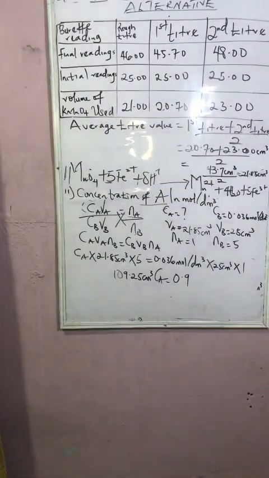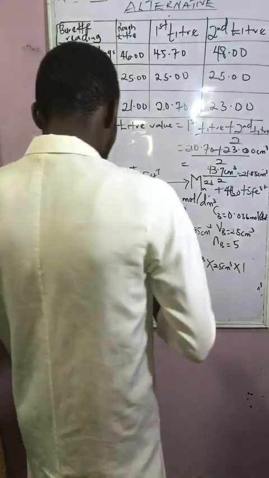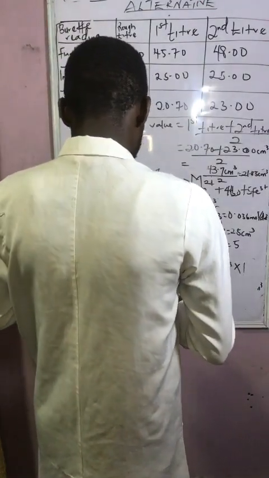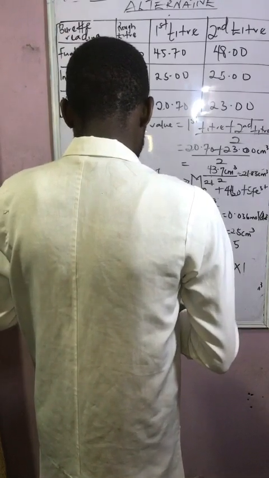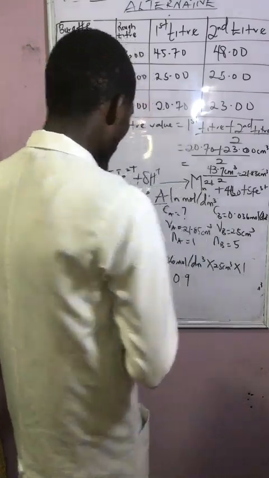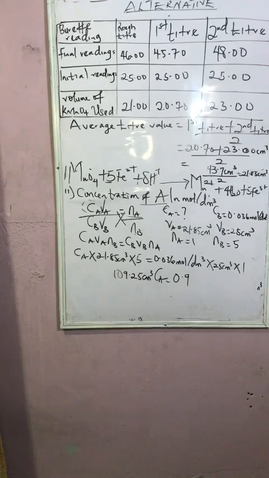So let's take a look at what that will give us. 0.036 multiplied by 25. So we have 0.9.